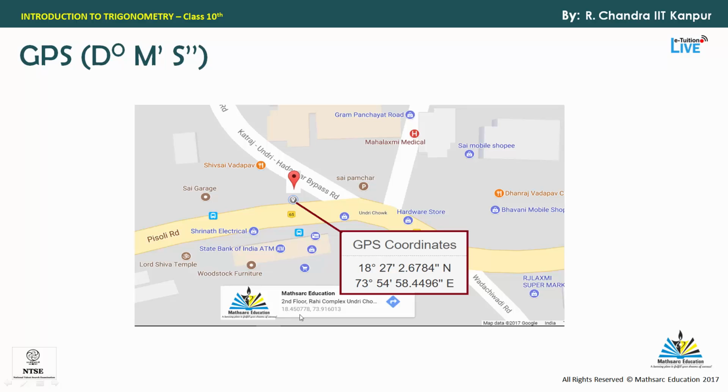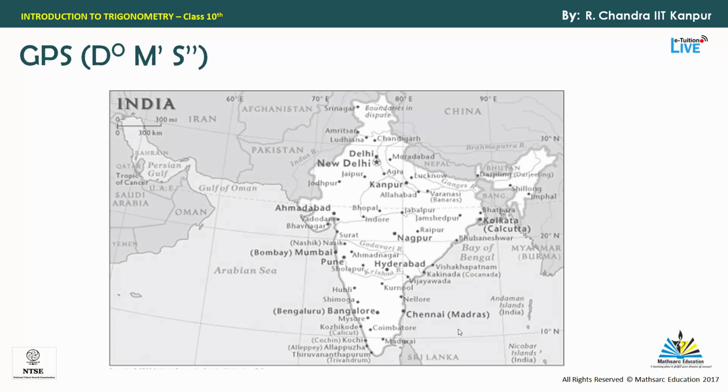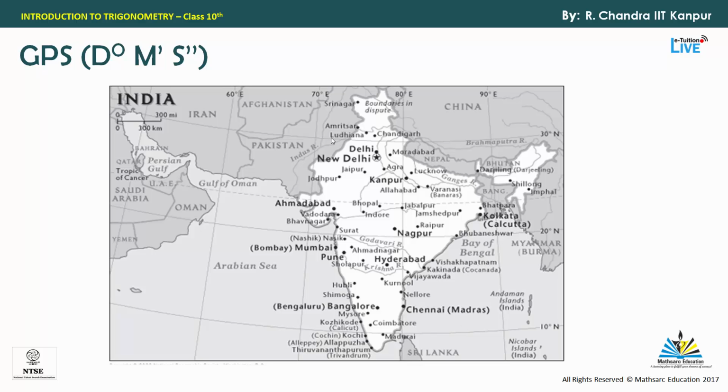And here you can also see these coordinates. These coordinates are in degrees, 18.450. As you can see, 18 degrees point something, and 73 degrees something like that. So these are totally in degrees, and the others are in the degree, minute, second system. Let's see one more example, that is the map of India.